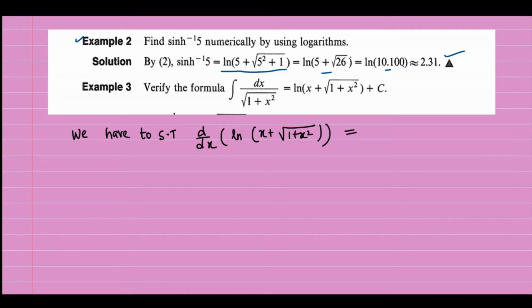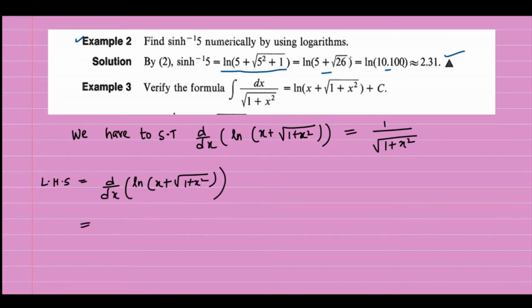We have to show that this is equal to the integrand of LHS, so 1 by square root of 1 plus x square. So we will start here with the derivative of ln of x plus square root of 1 plus x square.